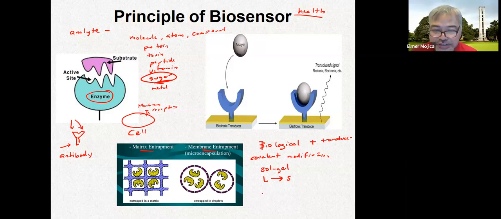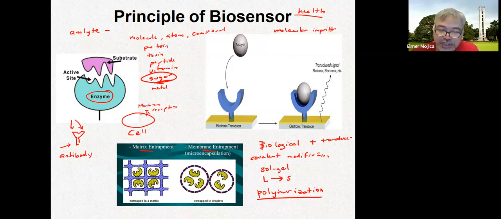And then they can also have, you familiar with this? Polymerization. Now, sometimes the way that they do the thing is the so-called molecular imprinting. So what do they do?